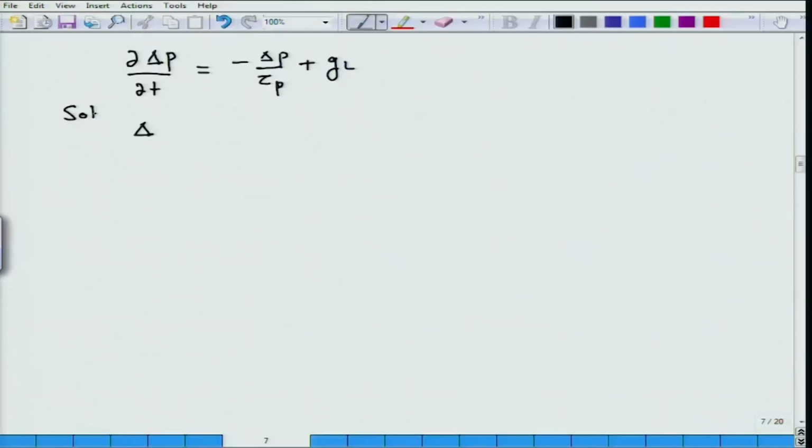Now, this is a well known differential equation which has a solution of the form delta p as a function of time will be given by G L tau p plus A exponential minus t over tau p.